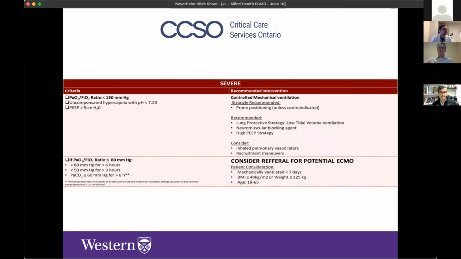So in patients that have a PF ratio less than 150 with uncompensated hypercapnia and their pH is low, so respiratory acidosis on high levels of PEEP, the evidence-based therapies we should all consider for these people include prone positioning, using the ARDS lung protective ventilation strategies with PEEP tables, considering paralytics as well, and the possibility of inhaled pulmonary vasodilators or recruitment maneuvers if you think it's going to be beneficial. But I think we all know that things like nitric oxide often just make the O2 better, but don't really help any clinical outcomes. So those can be a bit confounding sometimes.